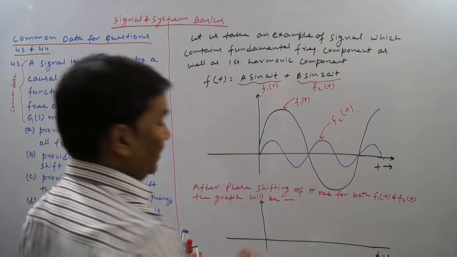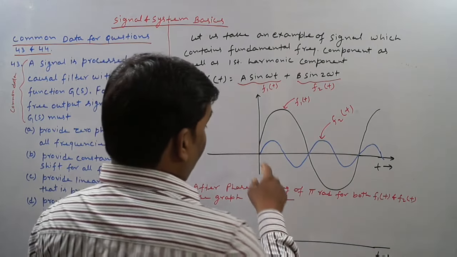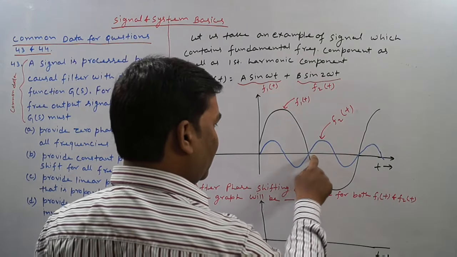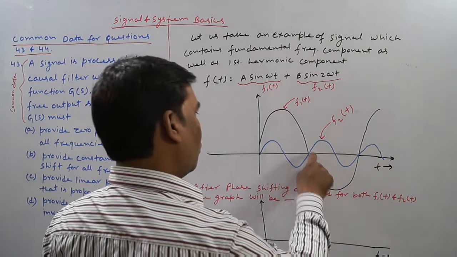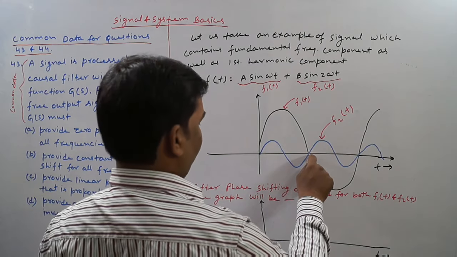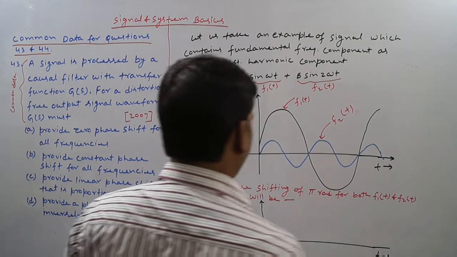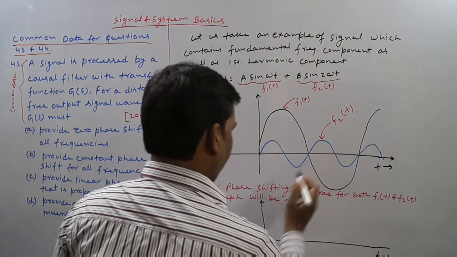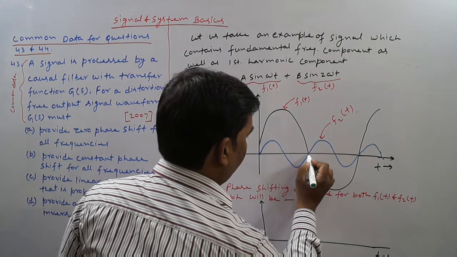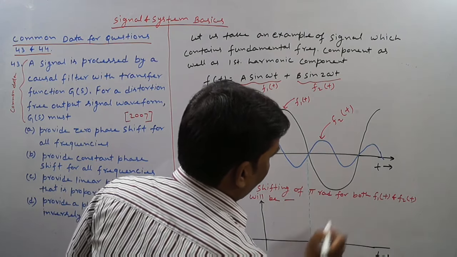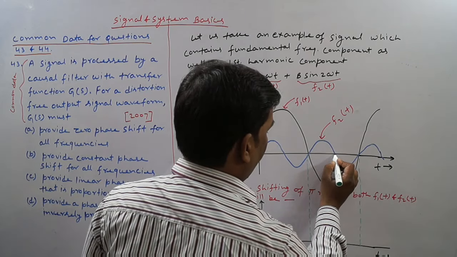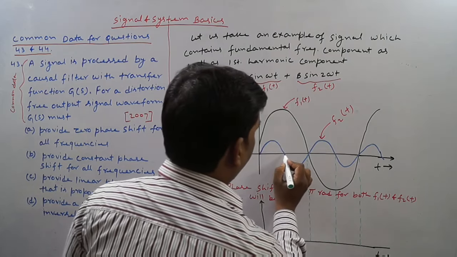So the graph of f1 will start from here, because its pi is here. So f1 will have its zero here.